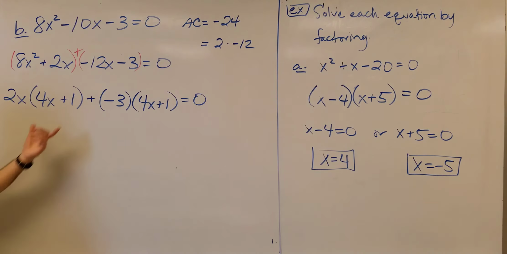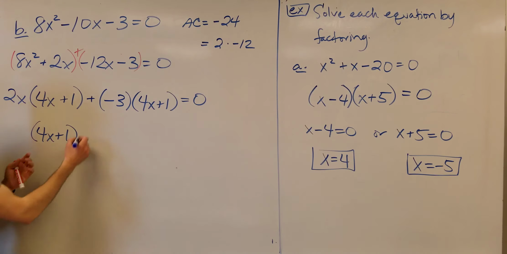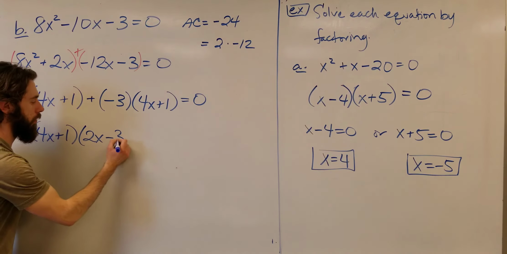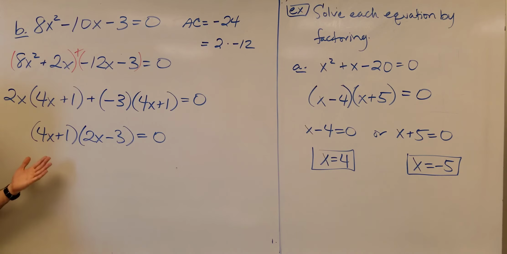All right, and then now we factor the 4x plus 1 out of both terms to get 4x plus 1 times 2x minus 3 equals 0. Okay, and now we've got it factored. These factors look a little weirder than before, but the zero product rule still applies. So we're going to set each one equal to 0.